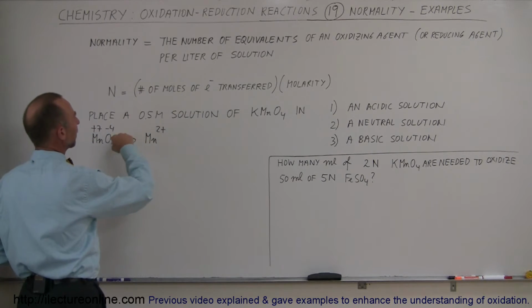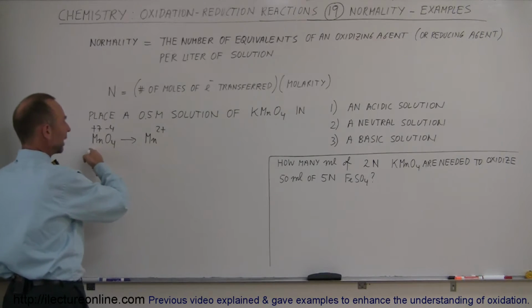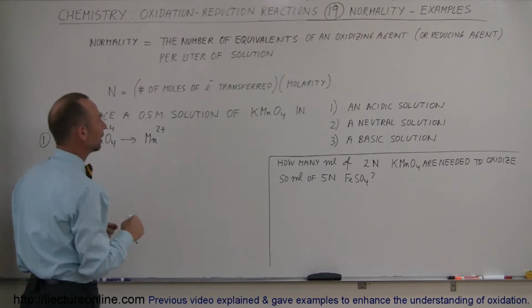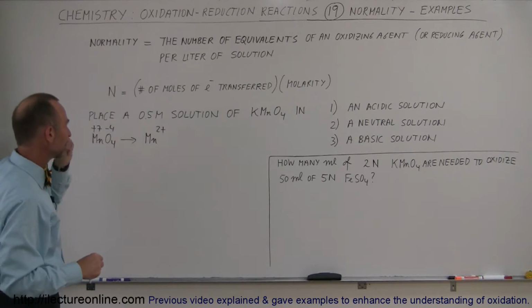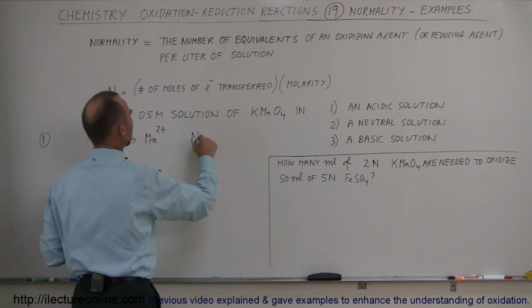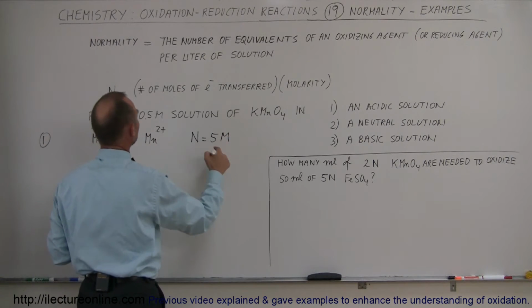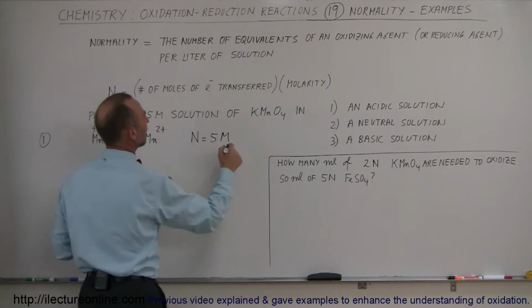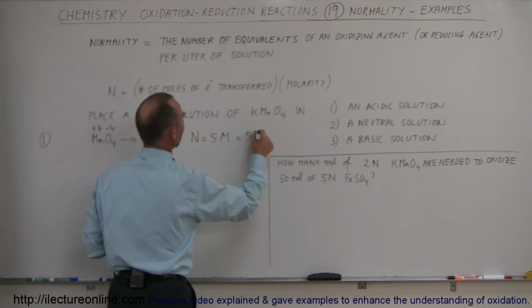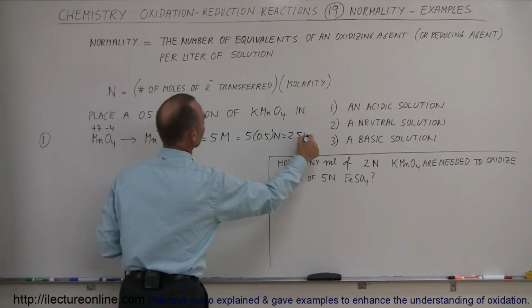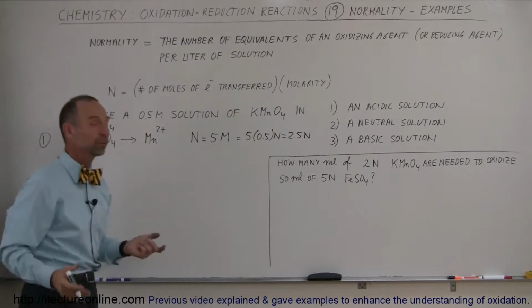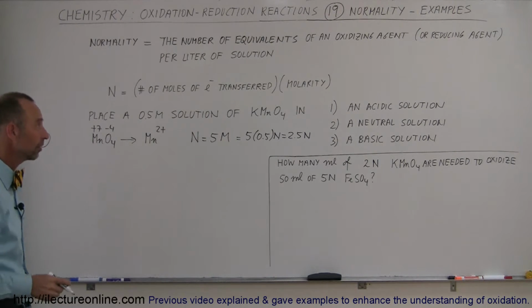So for every mole of potassium permanganate placed in acidic solution, the number of moles of electrons transferred will be 5, and therefore the normality will be 5 times the molarity. In this case, the molarity is 0.5, so N equals 5 times 0.5, which is equal to 2.5 normality. So the normality in acidic solution will be 2.5 for this particular instance.